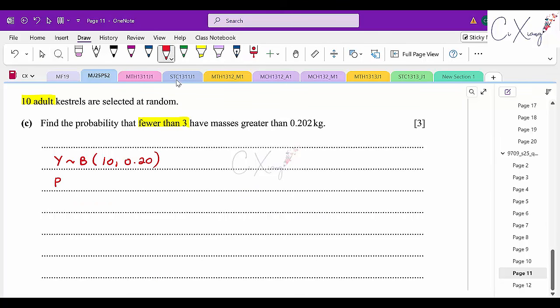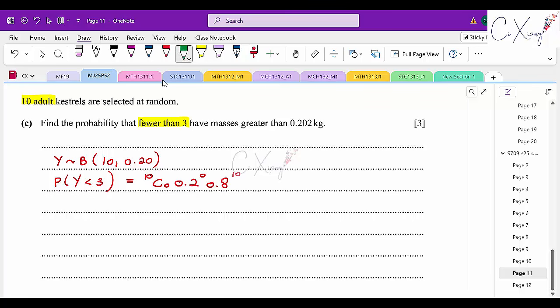We are interested in the probability of Y smaller than 3. Y is less than 3. So how to calculate the probability? You should start from Y equals 0, Y equals 1, and also Y equals 2. For Y equals 0, it is 10C0, 0.2 power 0, 0.8 power 10.